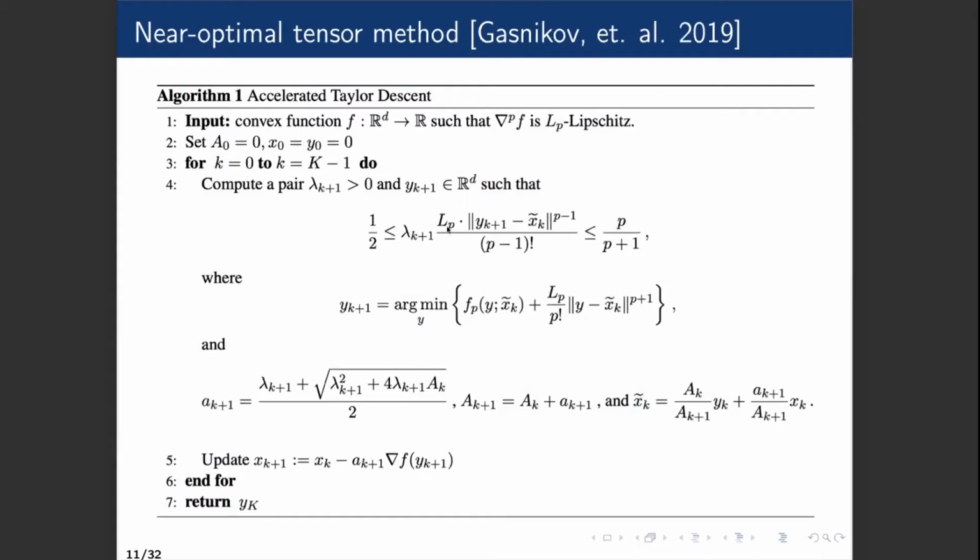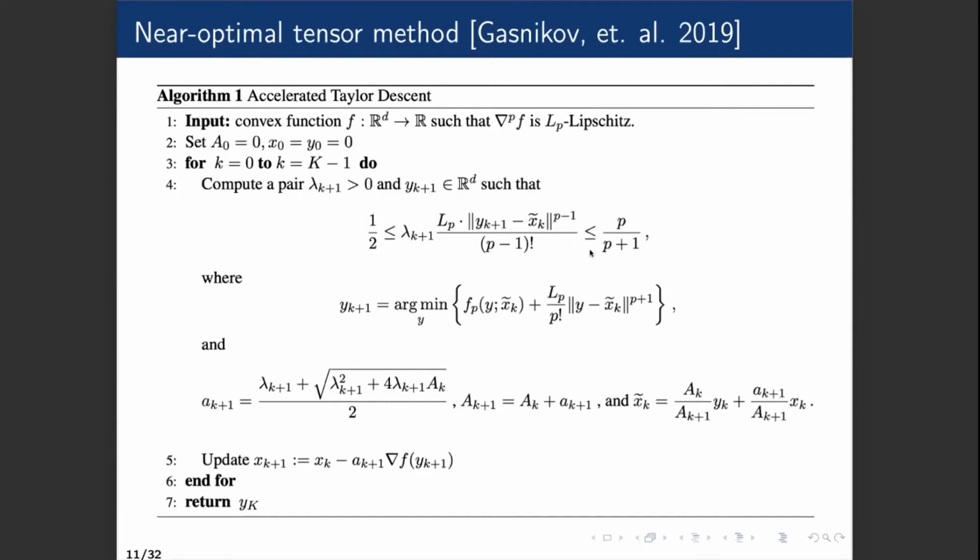It's two inequalities. Firstly we fix some lambda. Next we calculate small a. Next we calculate big A, the point x_k tilde from small a_k and previous points, and after that we calculate the tensor step, and after all these calculations we can check the inequalities.